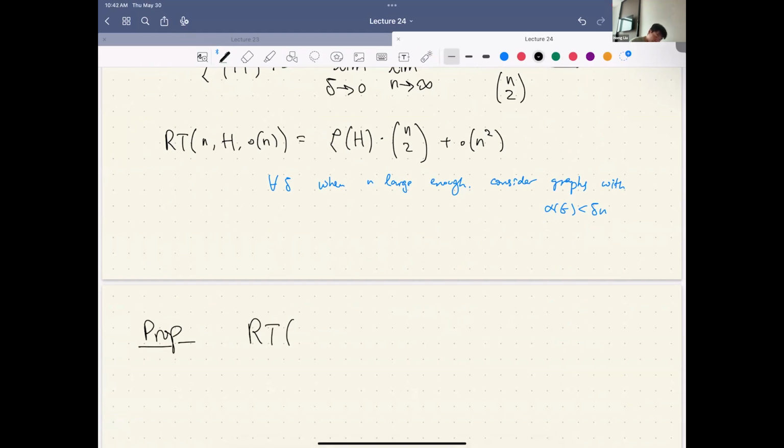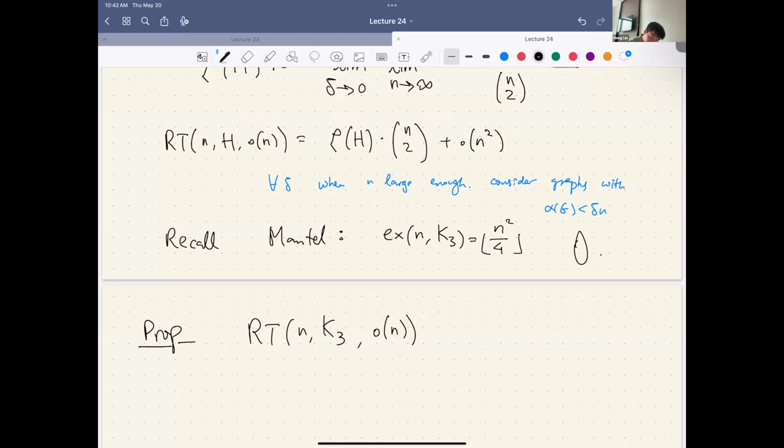The Ramsey-Turan number of the triangle: recall, Mantel's theorem says when we don't put a restriction on the independent sets, we can have n squared over 4 edges, and the maximizer is the complete bipartite graph.